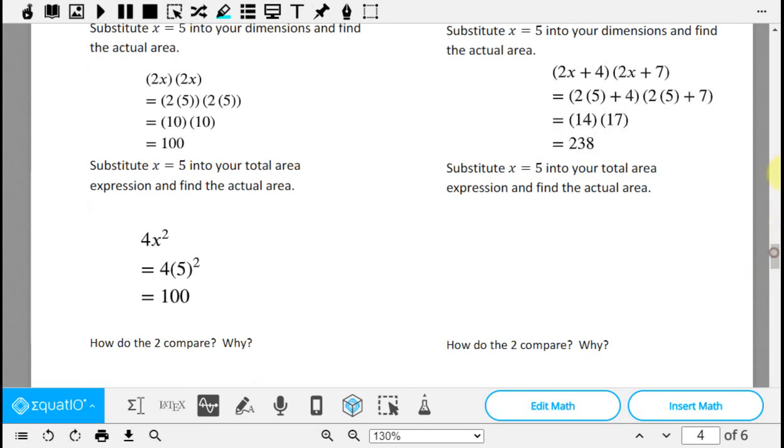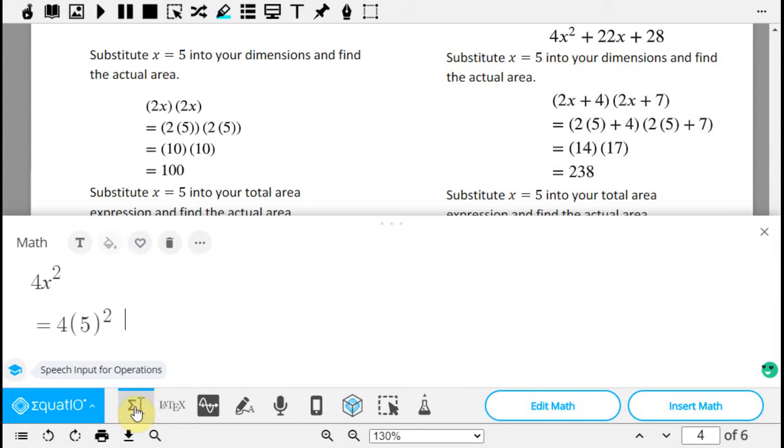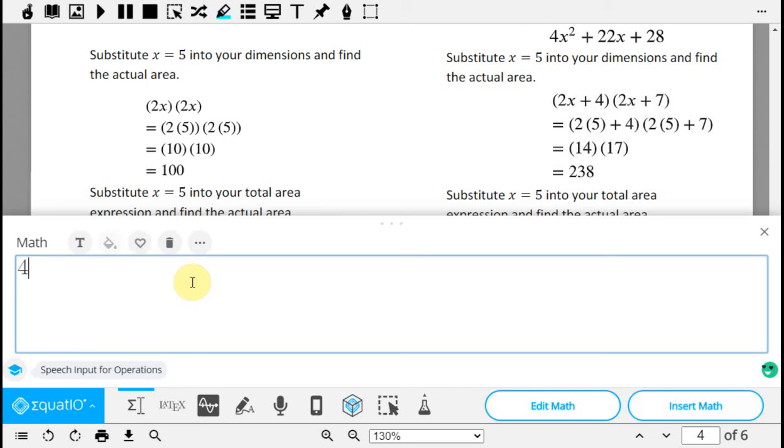Now we'll do the same thing with this expression that we have here. 4x squared plus 22x plus 28.